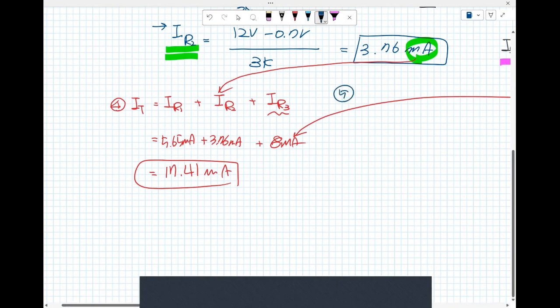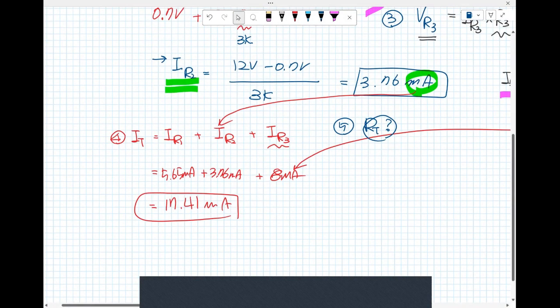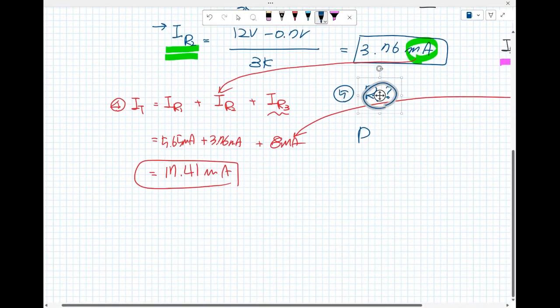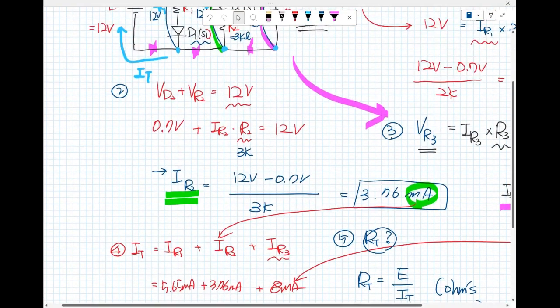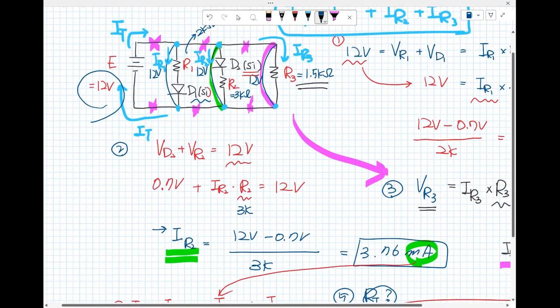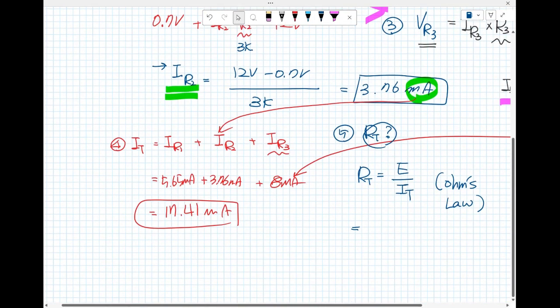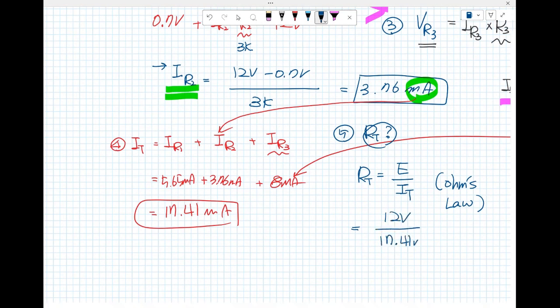The fifth one is what is the total resistance. So you don't need to do the calculator for all things. Just, the total resistance is what? E divided by I sub t, by using Ohm's law. From the circuit, we can get the clue that the voltage is 12 volt. So 12 volt divided by 17.41 milliamp.